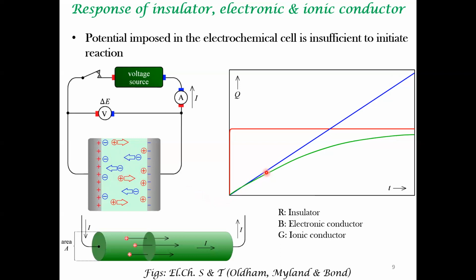Again, this transfer of charges can be represented as I times T. So notice two things. One is the flow of positive ions in this direction will contribute to current flow in this direction. Flow of negative ions in this direction will again contribute to current flow in this direction.